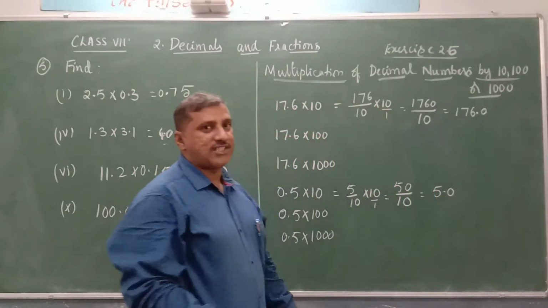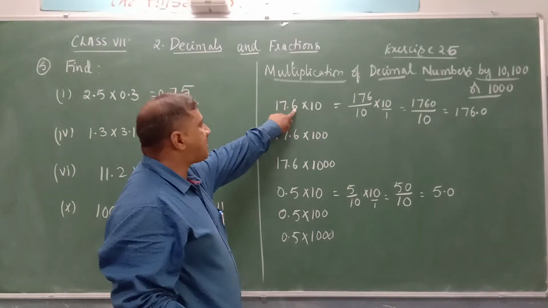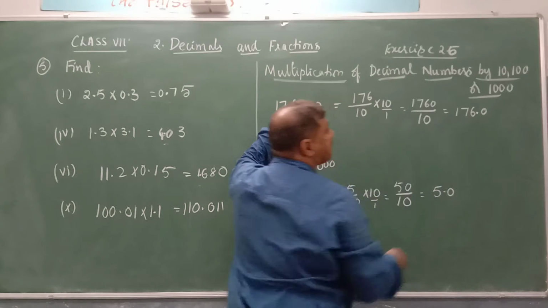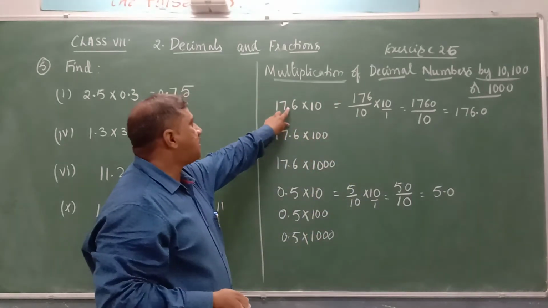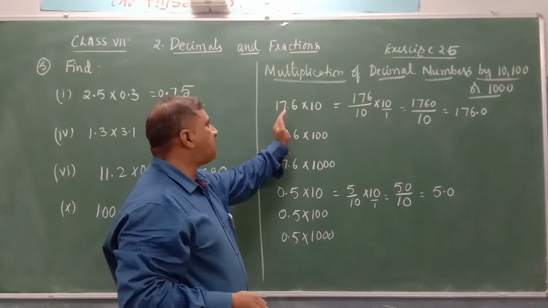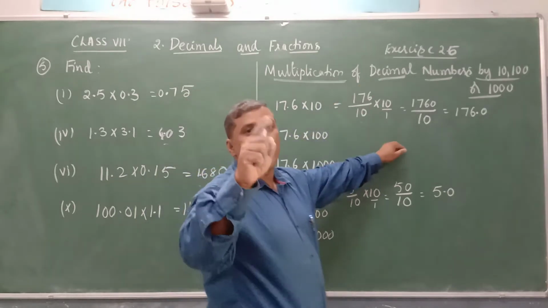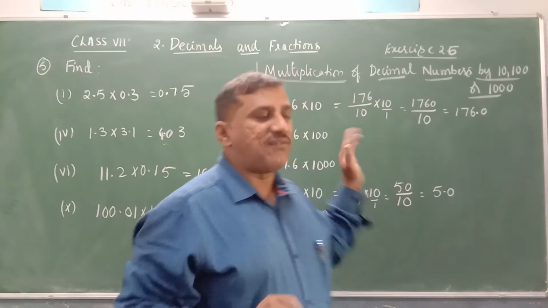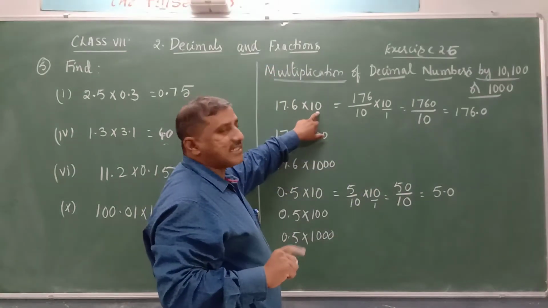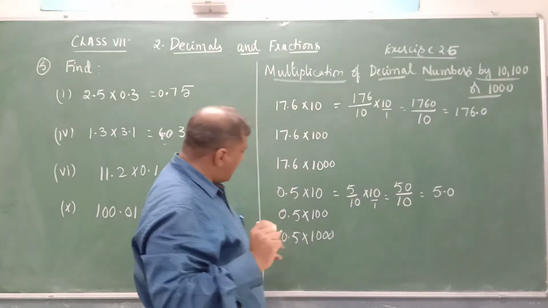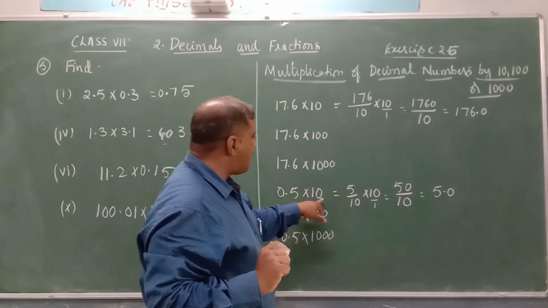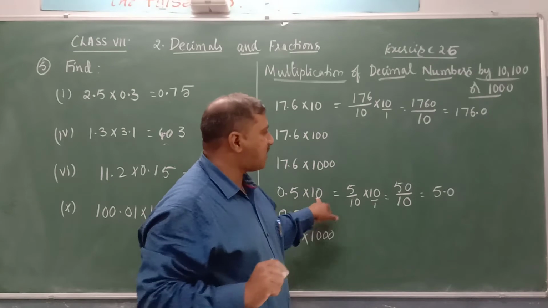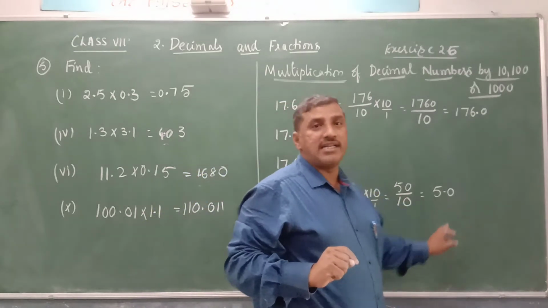Now if you observe these two, 17.6, the product which we got, 176.0, means the decimal point is moved from left to right 1 digit. The decimal point is shifted 1 digit from left to right as 10 has 1 zero. Similarly, 0.5 is multiplied with 10. The product is 5.0.